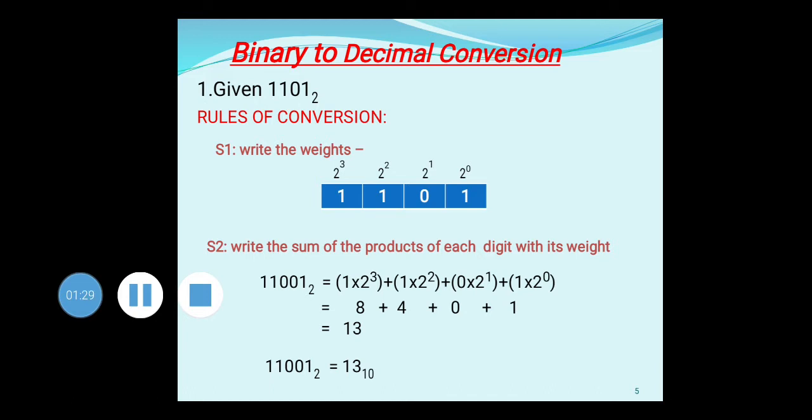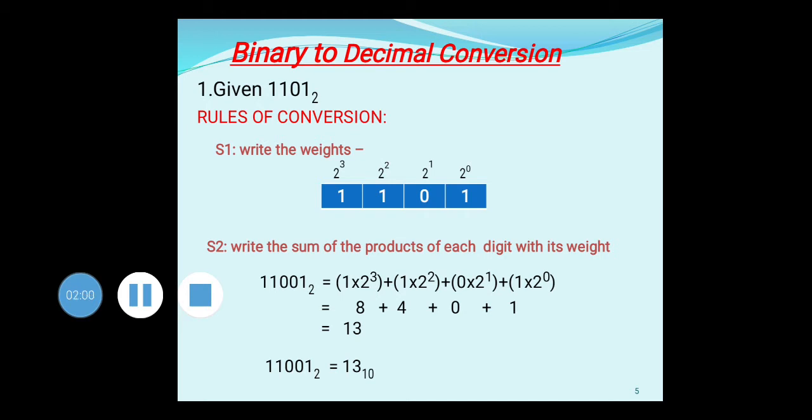The LSB bit should have the weight as 2 raised to 0, then 2 raised to 1, 2 raised to 2, 2 raised to 3. So weights you are going to write above, and the binary number you are going to write below. Then step 2 is you are going to multiply the binary number with its corresponding weight.